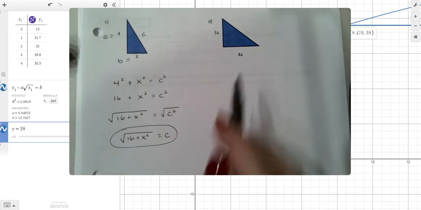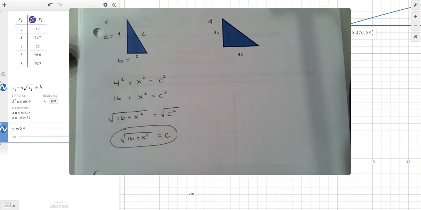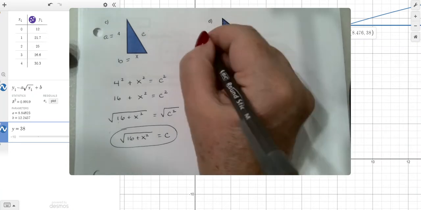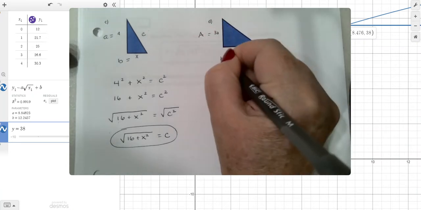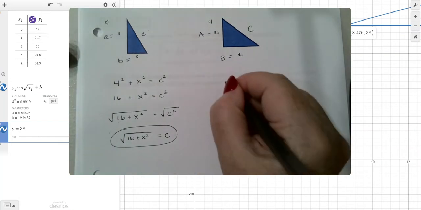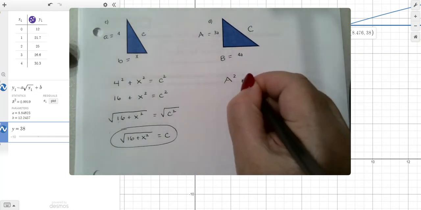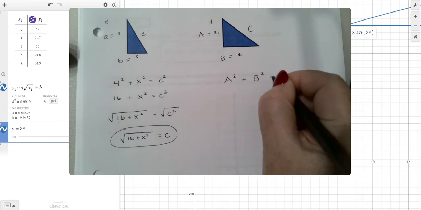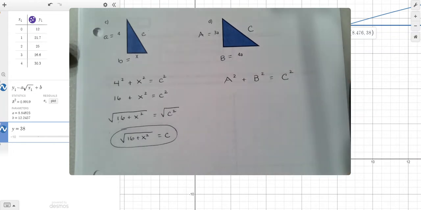All right, one more. This time, I'm using the letter A as part of my problem, so maybe I'll just label my sides with capital letters. I'll call this A, B, and C. So my Pythagorean theorem would just be capital A squared plus B squared equals C squared.